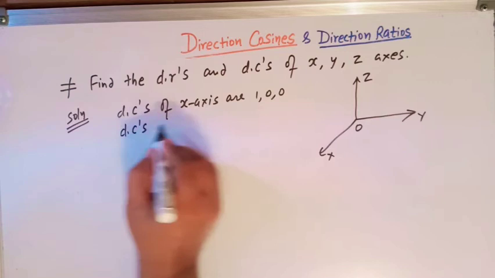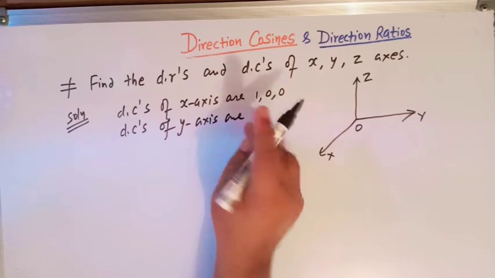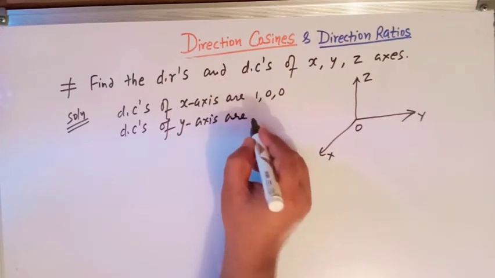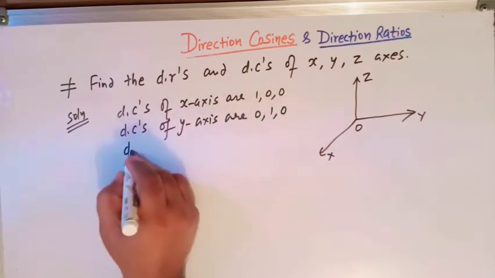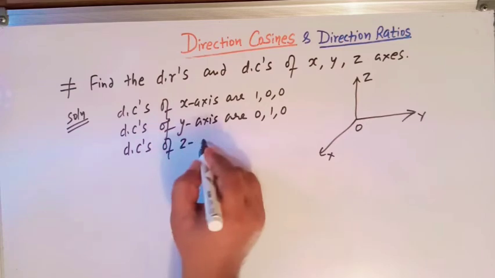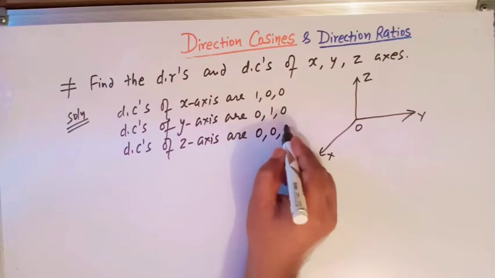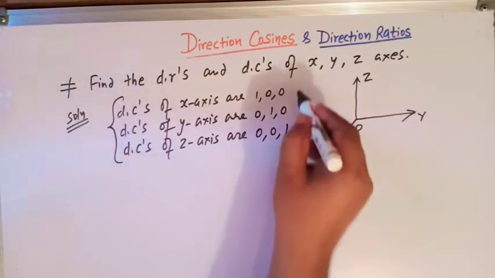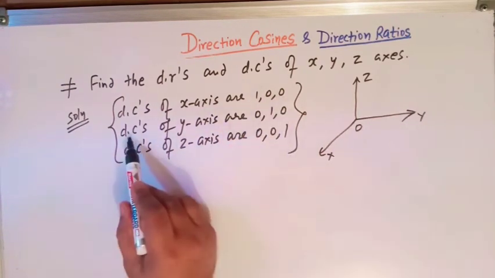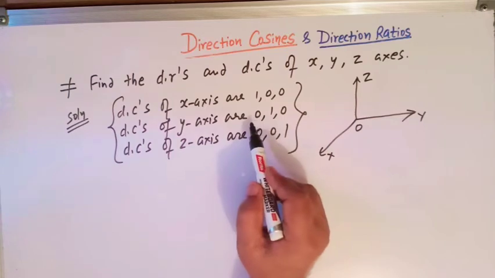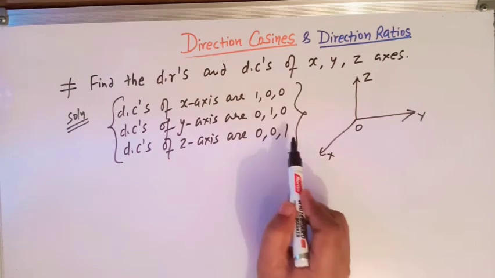Similarly, DCs of y-axis are 0, 1, 0, right? And DCs of z-axis are 0, 0, and 1. So always remember that DCs of x-axis are 1, 0, 0, DCs of y-axis are 0, 1, 0, and DCs of z-axis are 0, 0, 1.